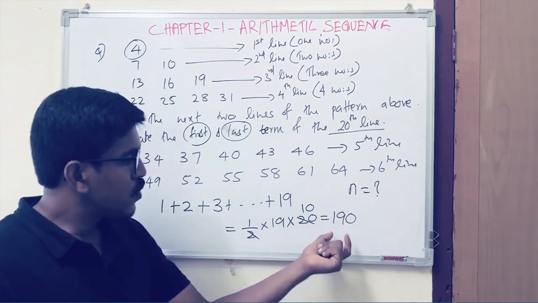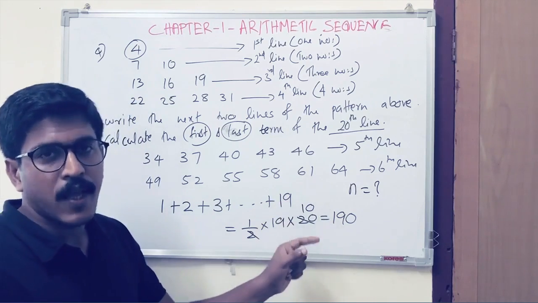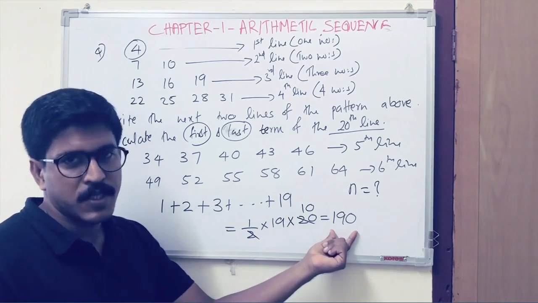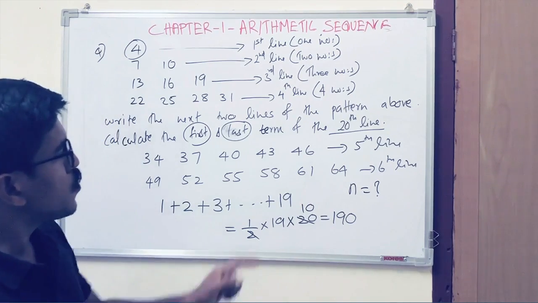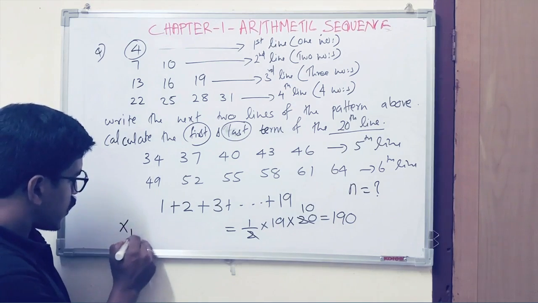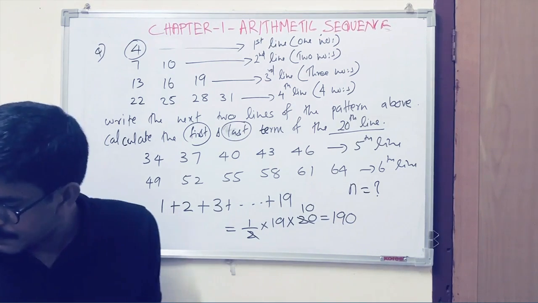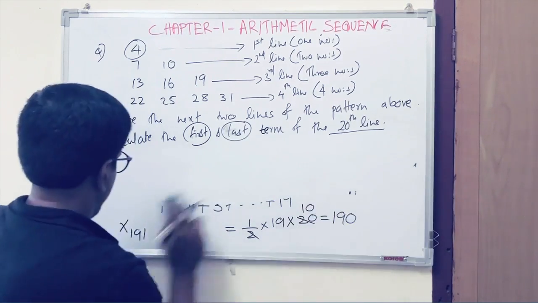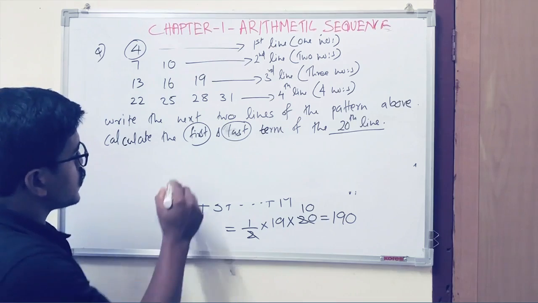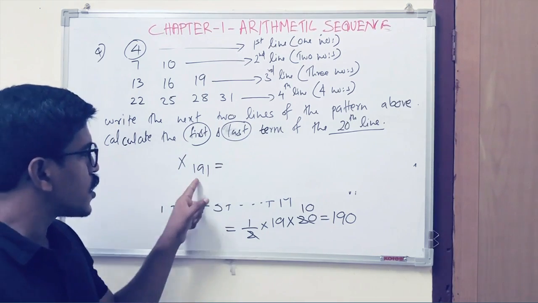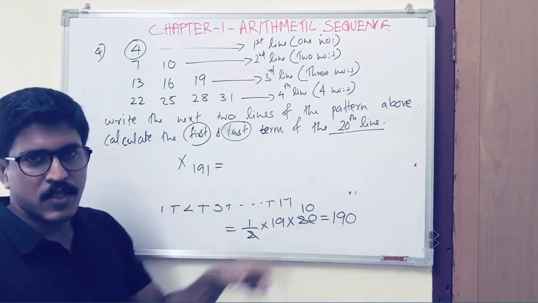So clearly, till the 19th line, 190 terms will be there. Now, the 20th line, the first term is x191. x191 will be the first term of the 20th line.